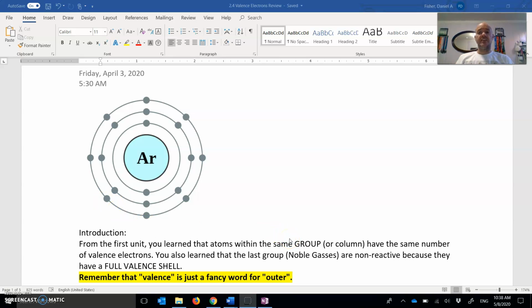Even though it has 18 total electrons, it only has 8 valence electrons. The other thing is that the last group on the right side of the periodic table is the noble gases: helium, neon, argon, all of those. They're called noble gases, and they are non-reactive because they have a full valence shell.